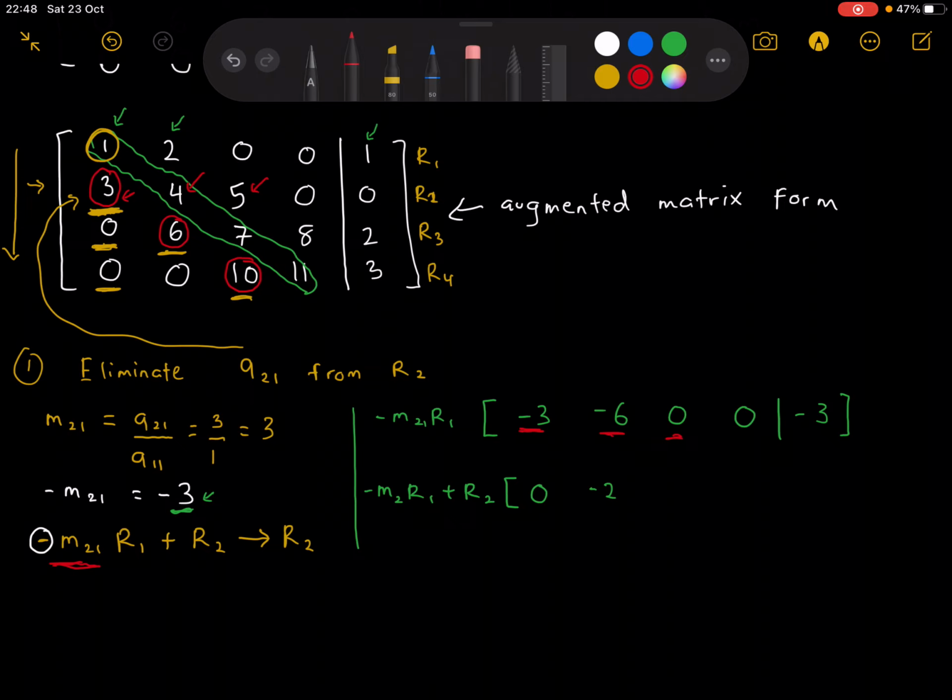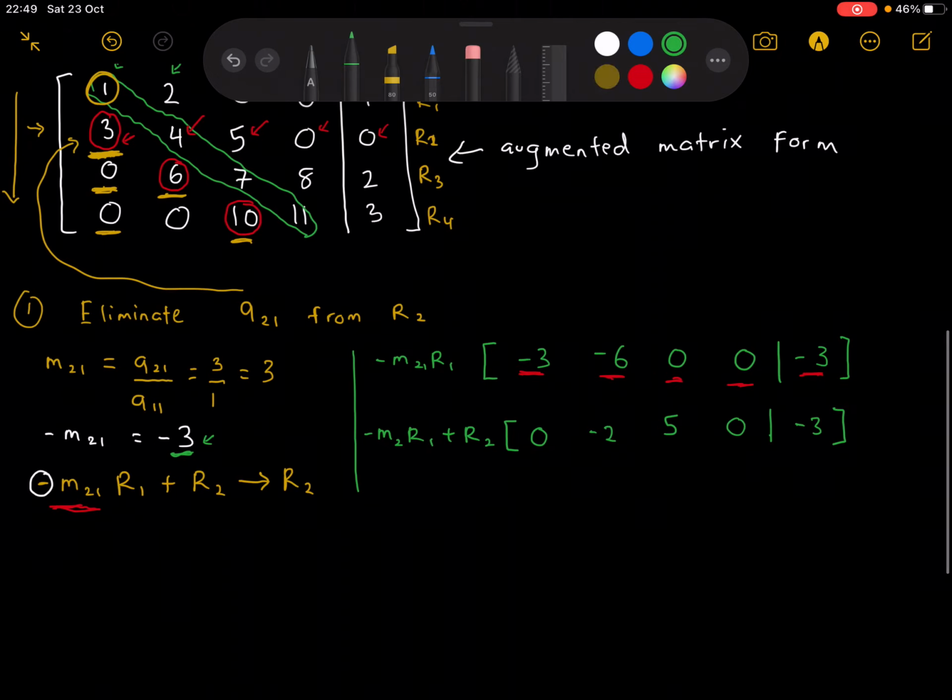So it becomes 0 plus 5 is 5, and then 0 plus 0 becomes 0, and then negative 3 plus 0 here, it becomes negative 3.